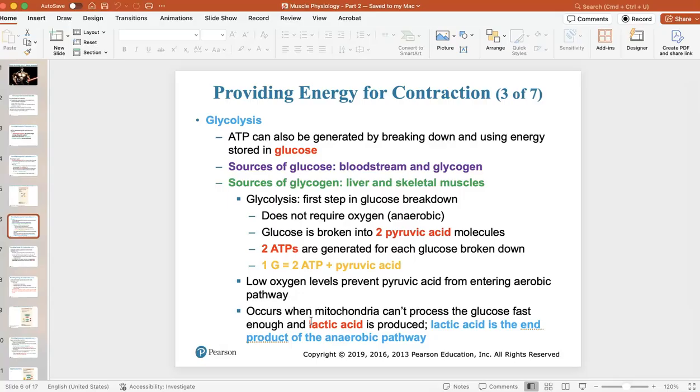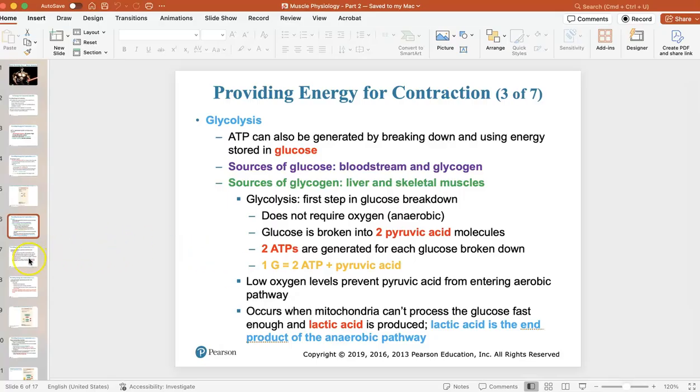So if you ever hear somebody, let's say after they had a hard workout, and the next day they're really sore and they say, oh man, this lactic acid is killing me, I'm still sore from yesterday's workout, you can tell them that it actually has nothing to do, zero to do with lactic acid, because again, our body breaks that down once we enter an active rest period.